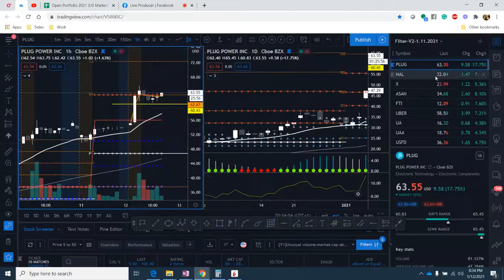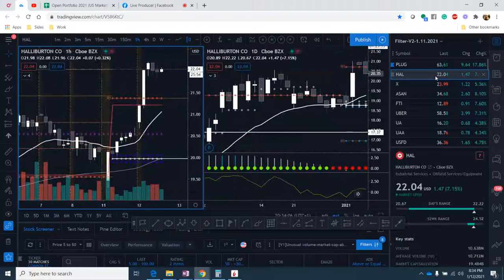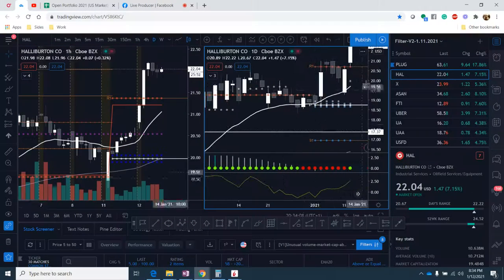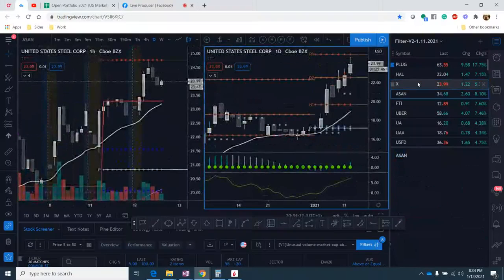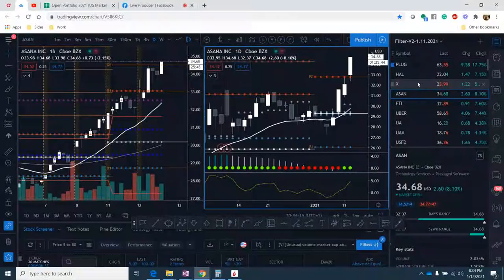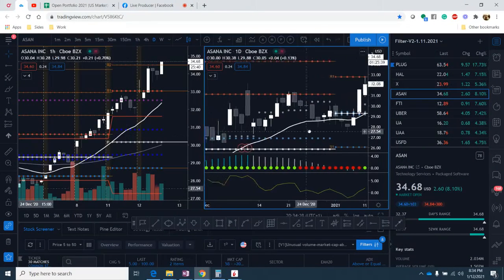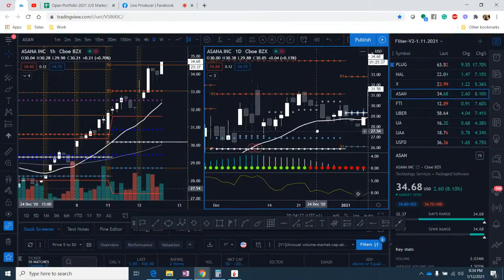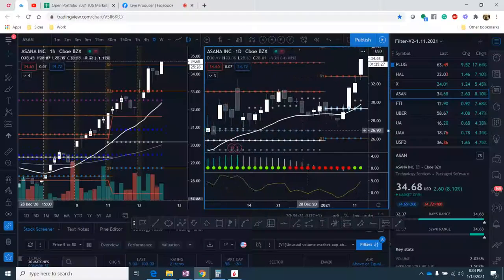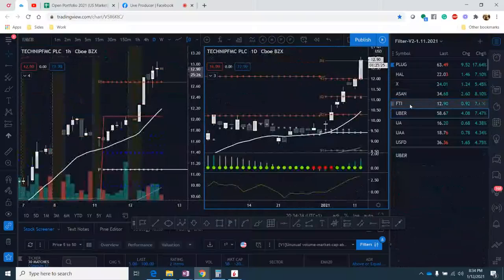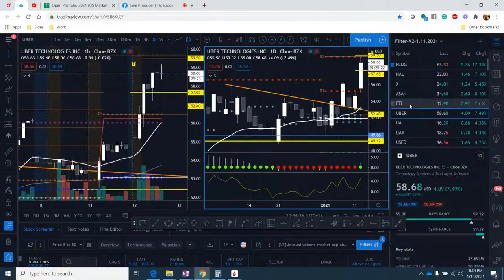Let's try to find some opportunities. Let me see if I can find. So here, HAL is already extended. There is a squeeze, but this one has already fired. I would like to see it squeeze and then consolidate, trying to break above the pivot point at the monthly. So let's move on. Extended, extended.